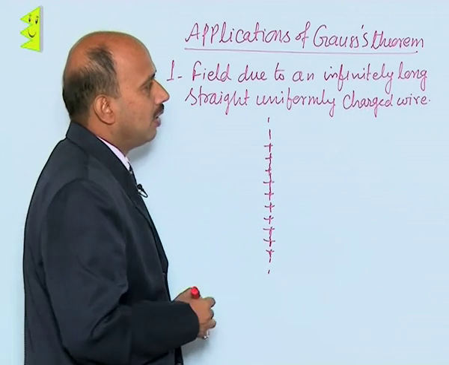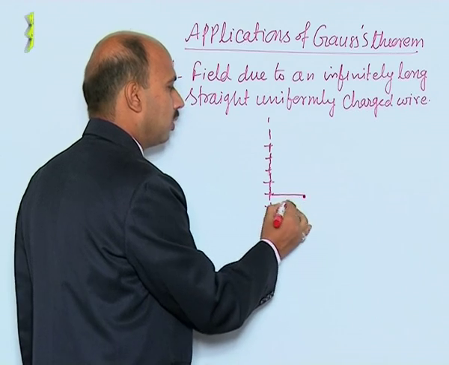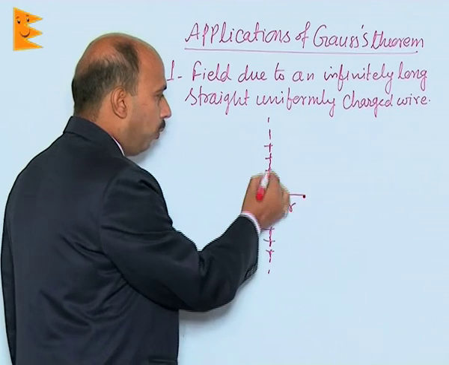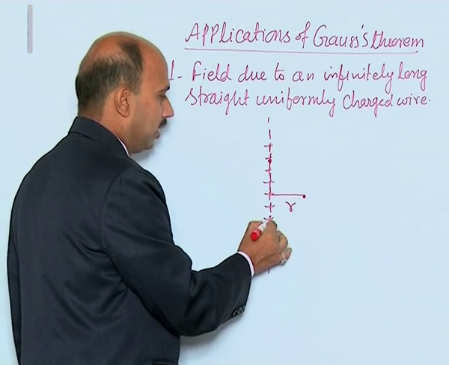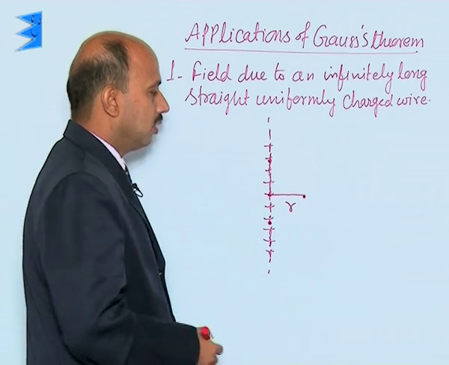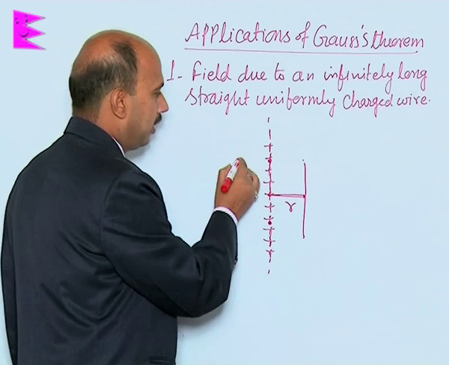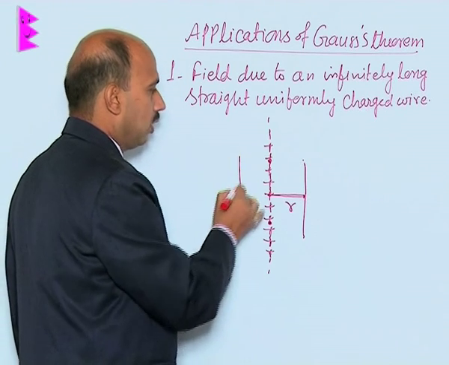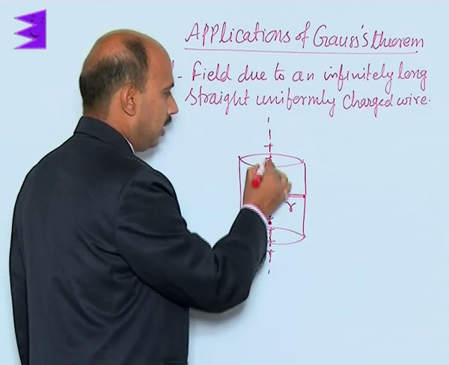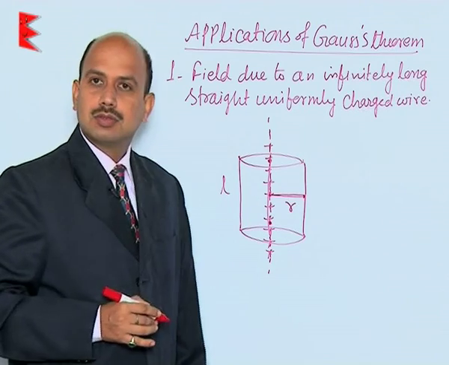Now if you want to calculate the electric field at a point at a distance r, first we take two points, one over here and one over here, at equal distance from the center, and by taking this radius r we draw a cylinder which encloses this much length of the charged wire, L length.